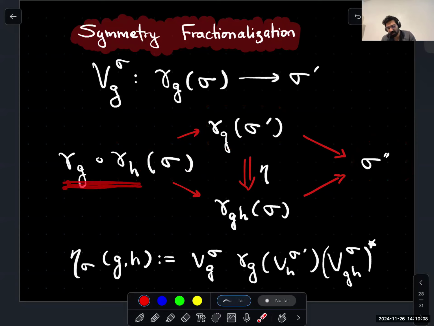Or you can just multiply these two things together, like usual conjugation by symmetry actions, so they have the usual group-like multiplication rules, and then you resolve this directly into sigma double prime. And the thing that relates the two is our symmetry fractionalization. It's that eta, that elusive eta, that tells you how to go from here to here.